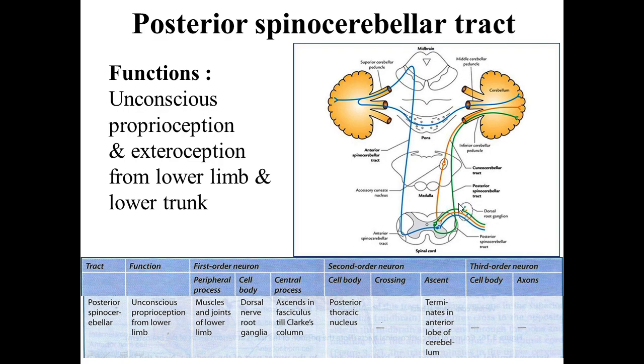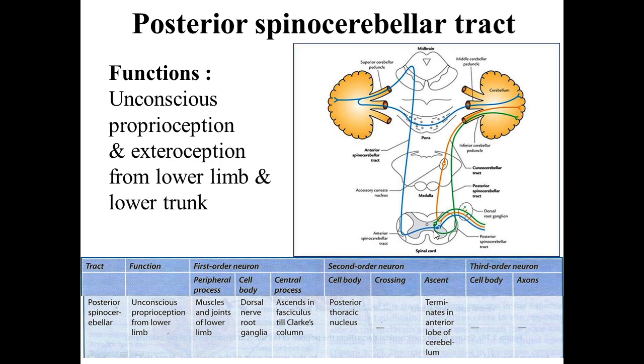From the dorsal root ganglia, they enter into the gray matter where they synapse with the tract cells of Clark's column. This is another nucleus, Clark's column, or you can say nucleus dorsalis. So they synapse with the tract cells of nucleus dorsalis or Clark's column.